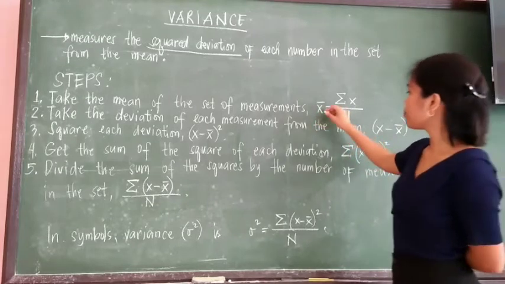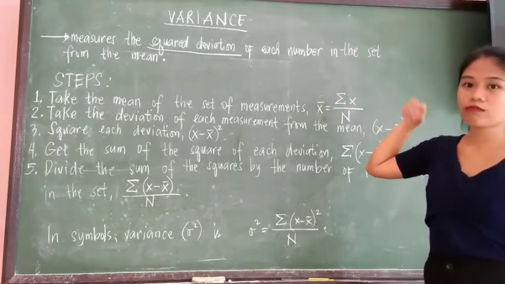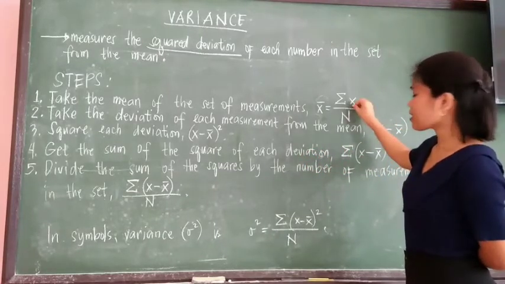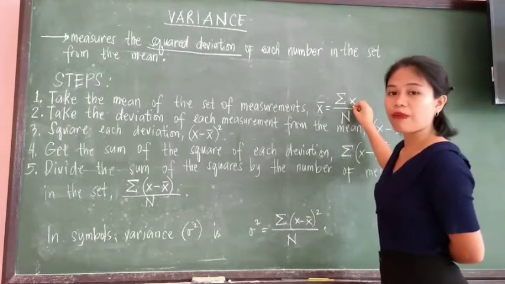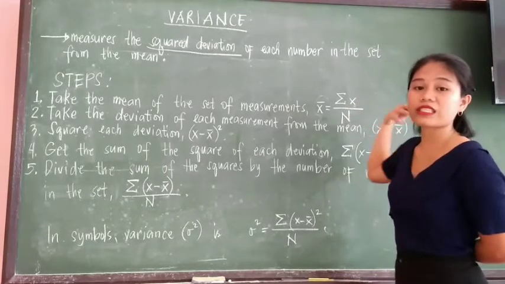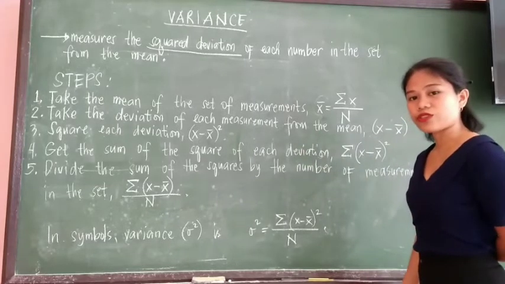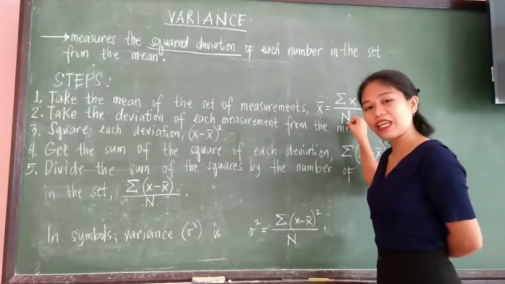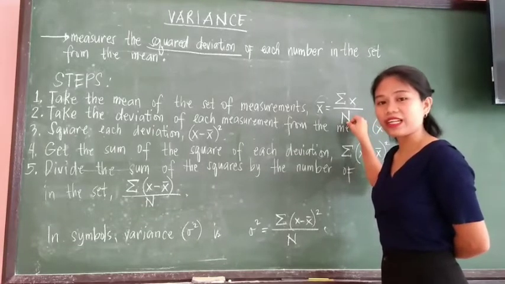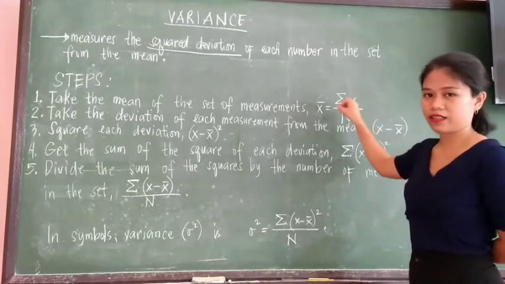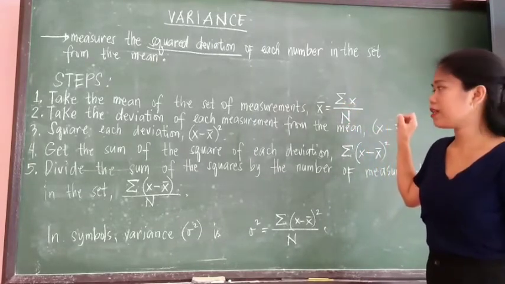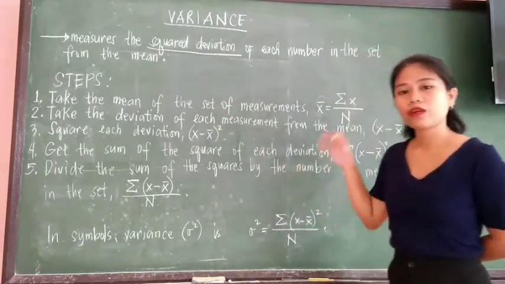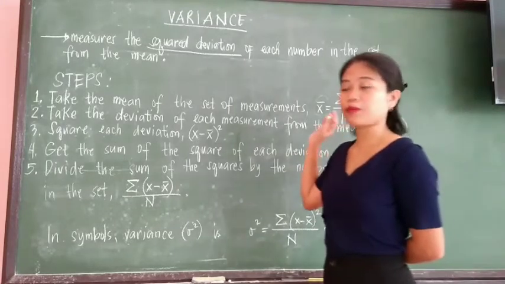X bar here is of course representing the mean. x represents the measured value or the set of measured values, while n here is how many trials were taken or were done. Okay, step 2. By the way, don't worry because I'm going to show the sample problem later.